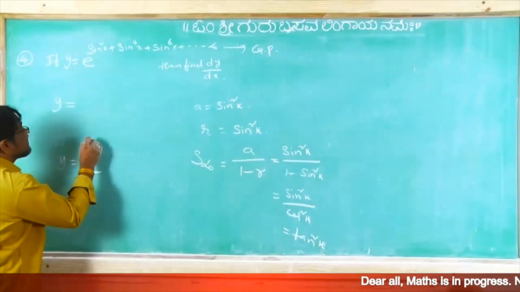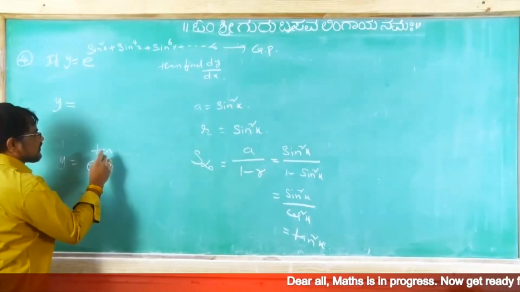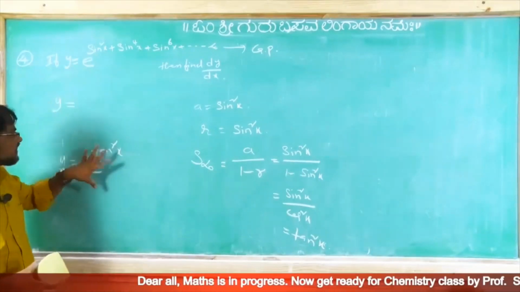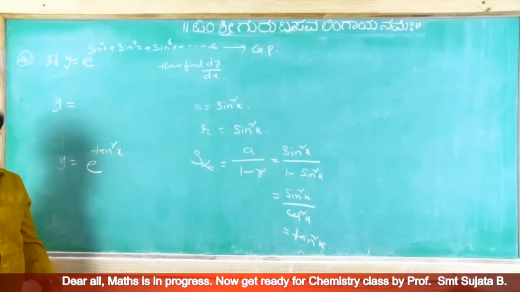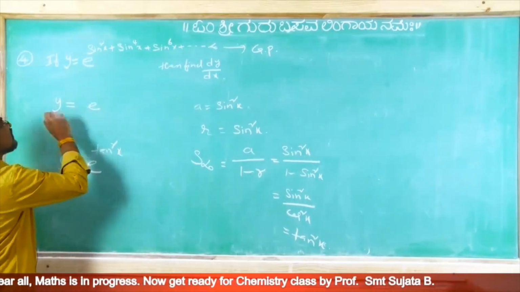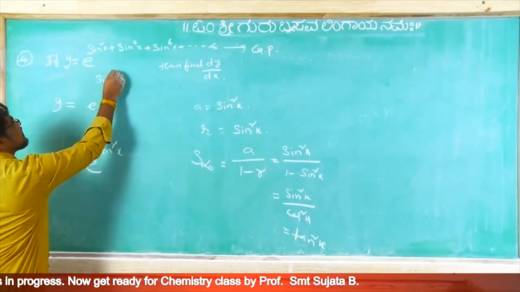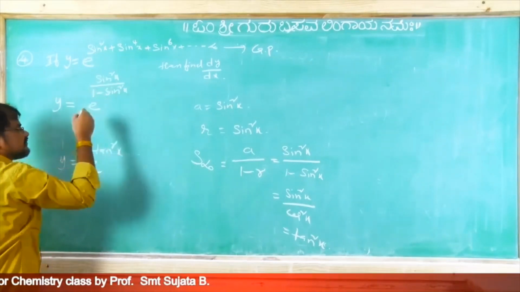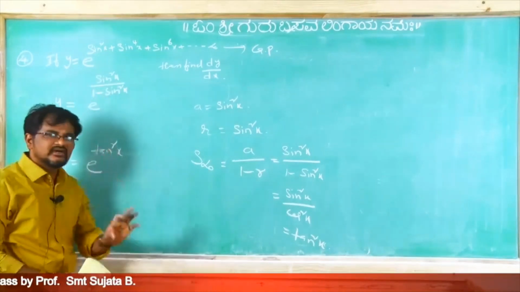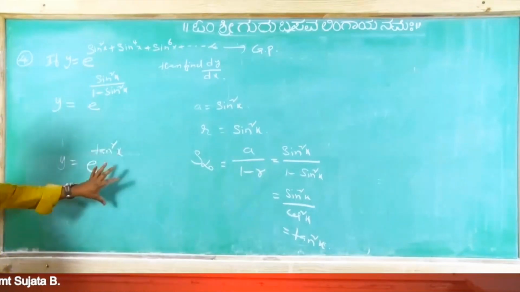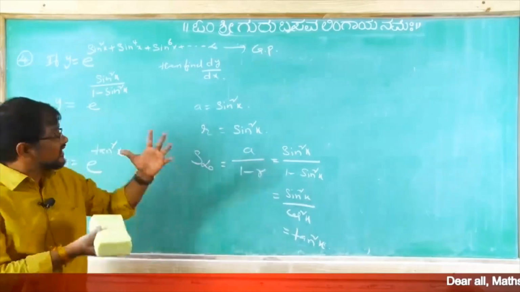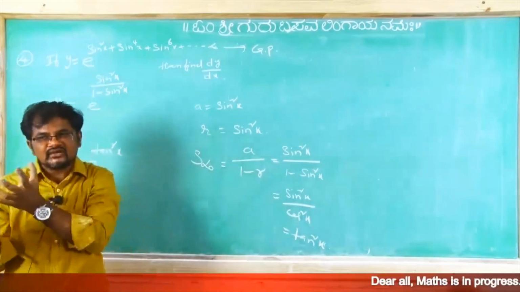Now here we get e power tan square x. Sine square x divided by 1 minus sine square x is sine square x by cos square x, which is tan square x. For the original series we can't directly do the differentiation. So that's why, according to the information they gave, we simplified.